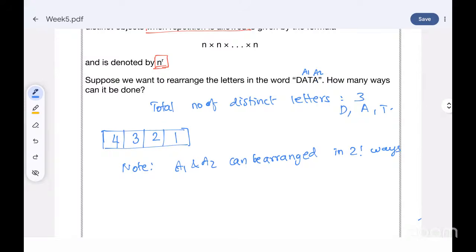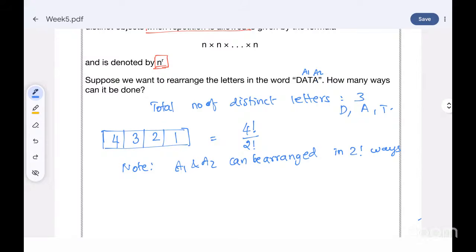So we have to remove this 2 factorial from the total. We already have 4 factorial ways, but this has to be eliminated from the total 4 factorial, so we have to divide by 2 factorial.